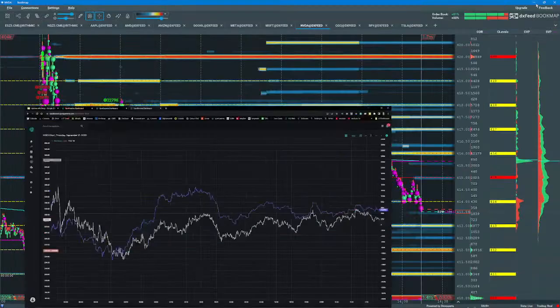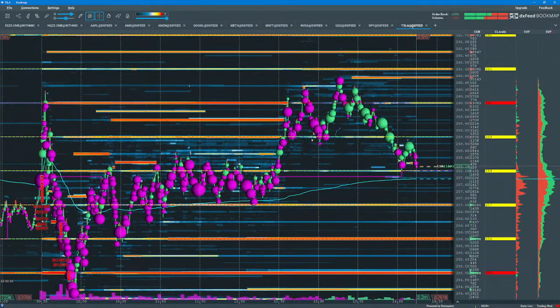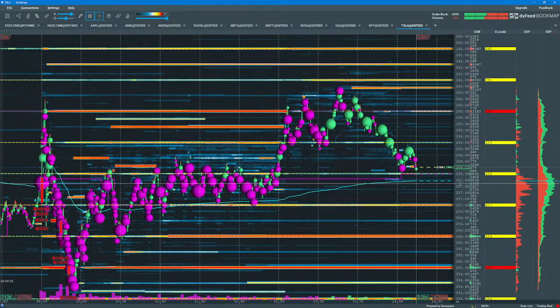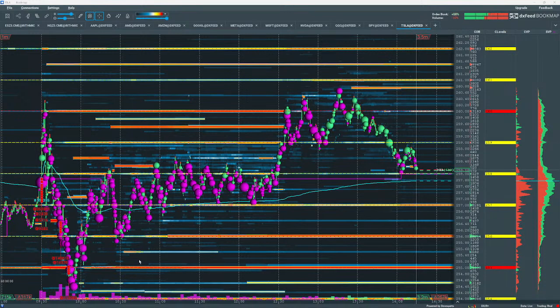Let's take a look at Bookmap. So price moved down a little bit below the put wall, the 255 put wall, but it did act as support.